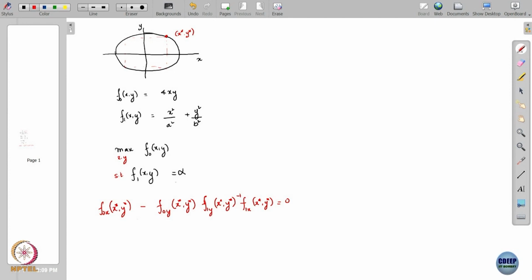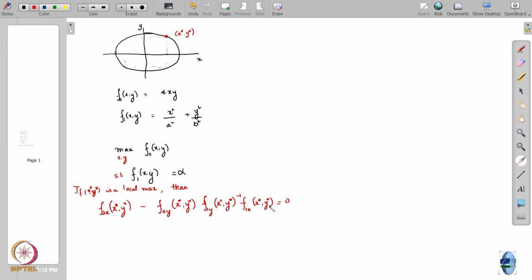And now, assuming x star y star is a local maximum, we said that it is necessary that this equation holds. The equation says f0 x evaluated at x star y star minus f0 y evaluated at x star y star times f1 y evaluated at x star y star inverse, times f1 x of x star y star, must be equal to 0.